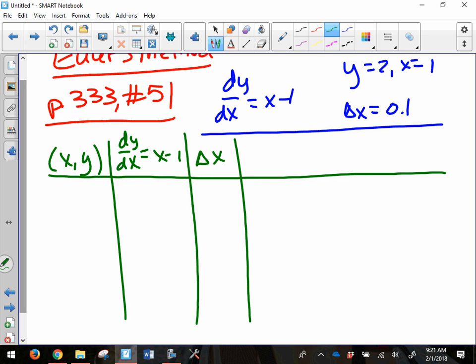It's how much you move along the x-axis that'll help you figure out how much you're going to move along the y-axis. And the amount we move along the y-axis is the slope times how much we move in x, which makes sense because the slope is delta y over delta x.